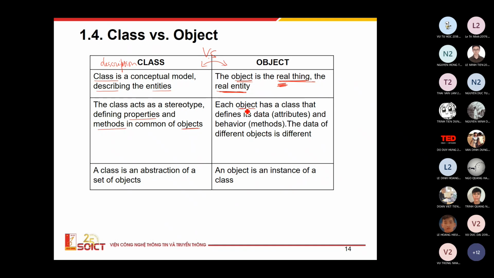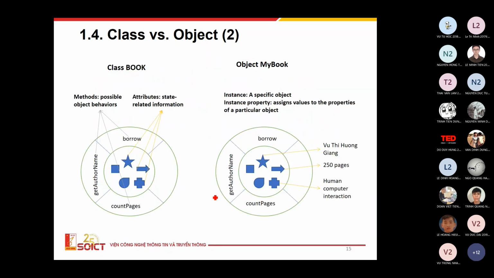Okay, and for each object, it will have a class that's defined. Okay, and the data of the object is different. Yeah. And a class is called an abstraction of a set of objects, and an object is an instance of a class. So I think it's clear.